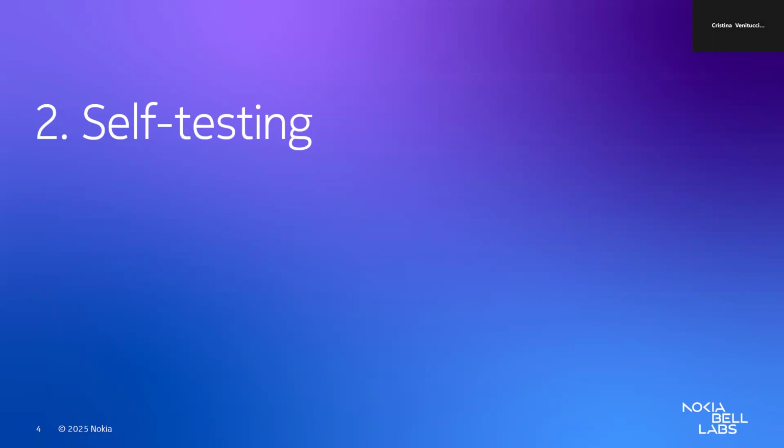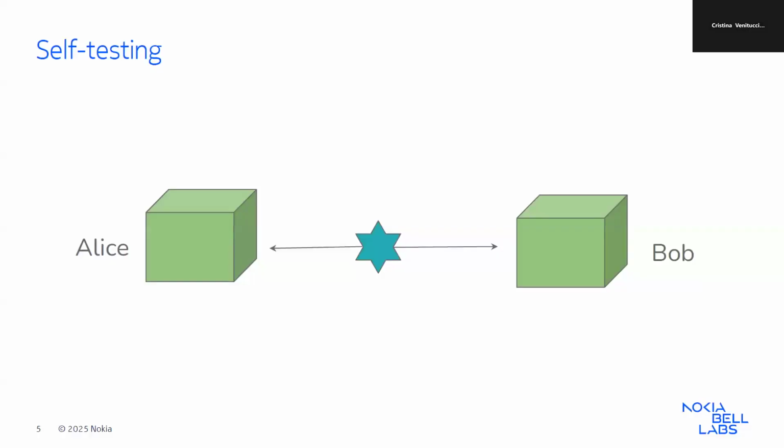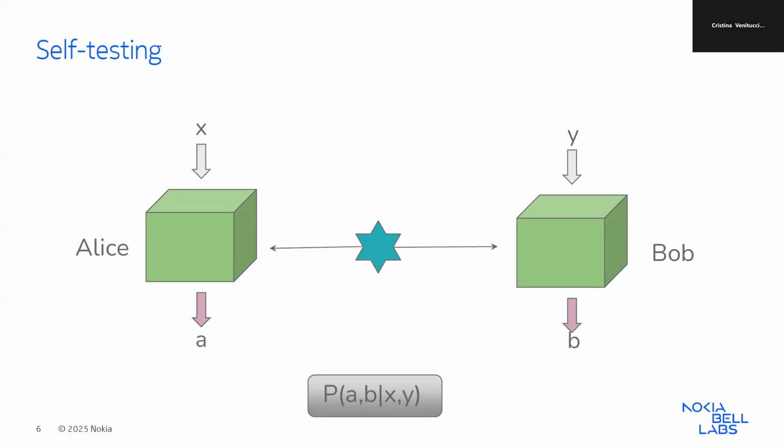So I'm going to try to give a little explanation of how it works. We want to assume we have two nodes. We of course call them Alice and Bob, and we don't want to assume anything about the nodes or their internal workings. So we just treat them as black boxes, where we have some inputs and some outputs, and there's a state that's unknown for now, and that we want to extract some properties from. At the end of this experiment, we repeat it several times, and we have some correlations, some probabilities of the outputs given the inputs.